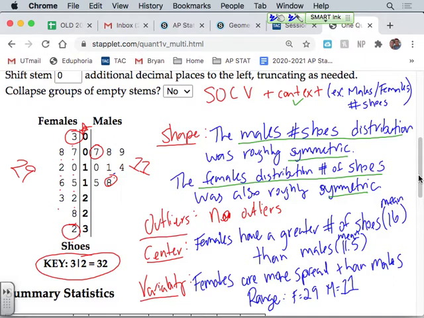So the key things on comparing is say that they're equal or roughly equal, say that they're greater than or less than, talk about the context, talk about these 4 things, and that's a complete answer. So it's always one or the other. They're either about the same or one of them's bigger. So what that means is it's telling me that females are a little more spread out.